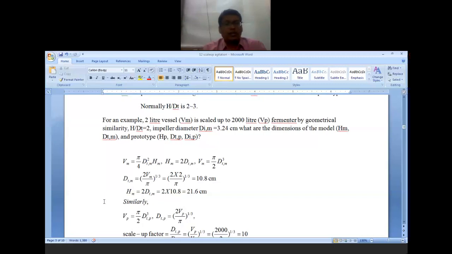So you can calculate Hm, that is 2 times dTm, which is 21.6 centimeter. Similarly, volume of the prototype is pi by 2 into dTp cube.